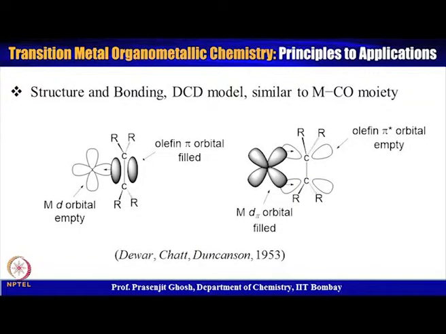Now, to start with, the ligand or olefin interacts with the metal with two kinds of interaction. One is the forward sigma donation, the other is the backward pi back donation, and let me explain that.